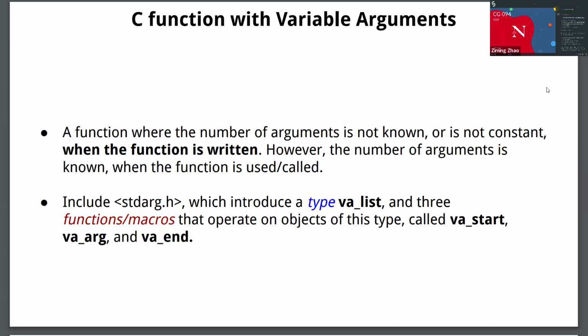Before we look at this bug, let's first understand what variable arguments are and how you develop functions using this feature. C++ supports this too. A C function with variable arguments is one where the number of arguments is unknown or not constant when the function is developed. When the function was written, the developer doesn't know how many parameters there will be when it is called.